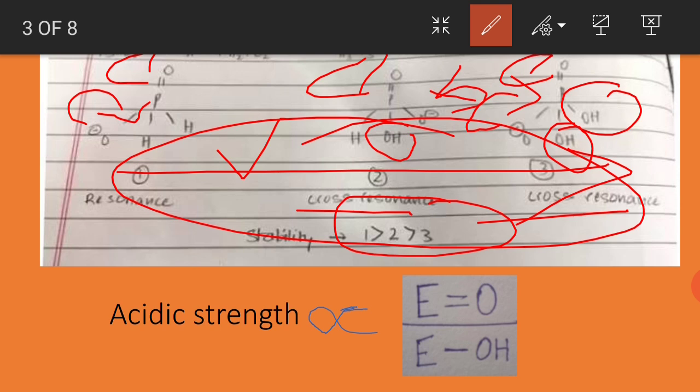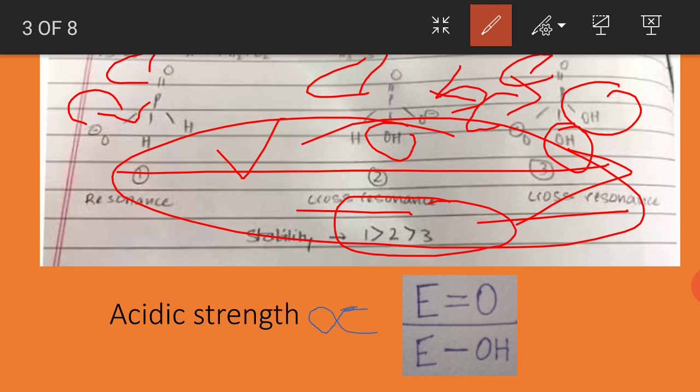If we have to judge the acidic strength, or the order of the acidic strength, then we have to draw the structure of their conjugate bases and decide which conjugate base is more stable, and the stability will decide the acidic character or acidic strength.